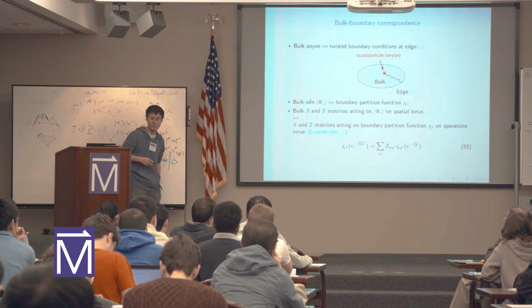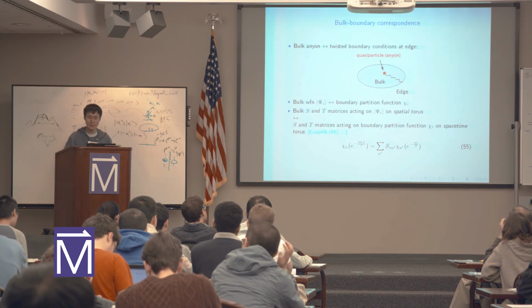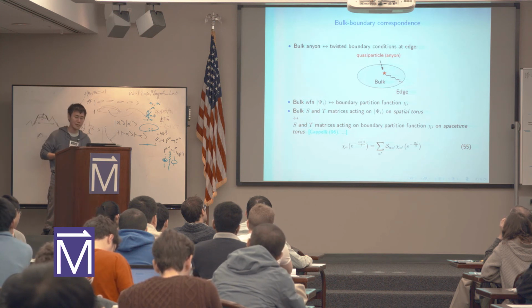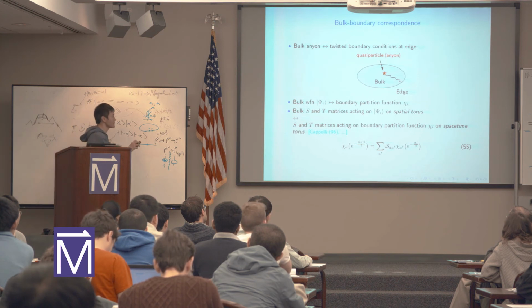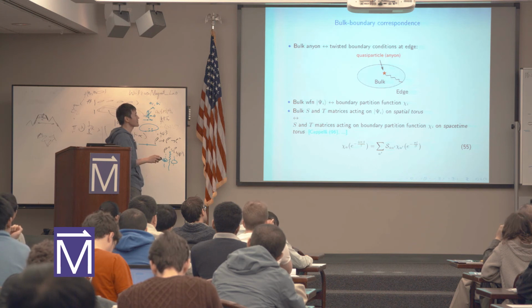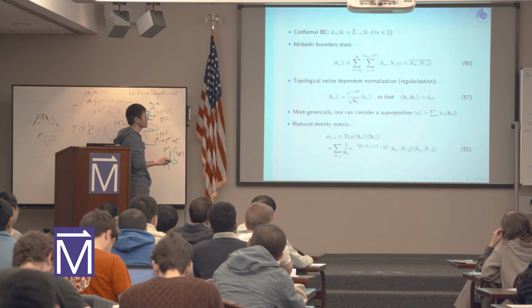The bulk boundary correspondence says that the S and T matrices extracted from the edge theories must agree with the S and T matrices for the bulk wave functions.